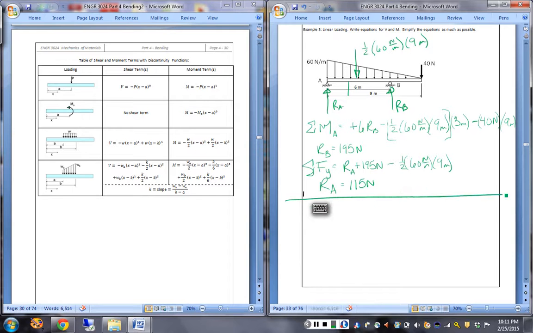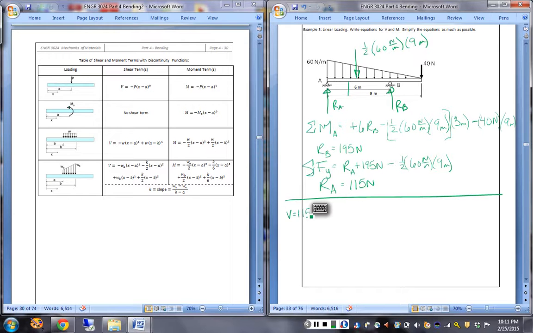Now that we have all of our external reactions, we use our handy discontinuity term table and add terms for each of the external forces. We know our reaction at A is a positive 115.